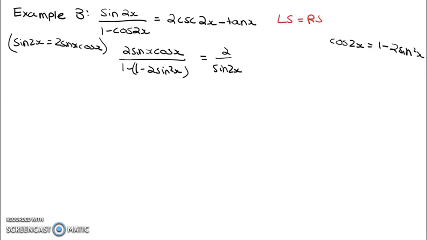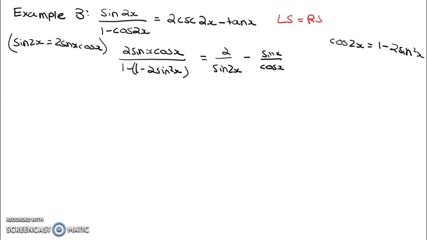Dealing with my right side, I'm going to express this as 1 over sine 2x, because cosecant is the reciprocal of sine. And then minus sine x over cosine x, because that's how tangent is expressed.